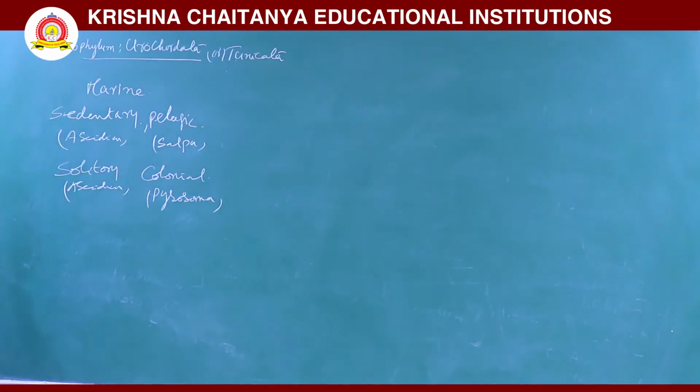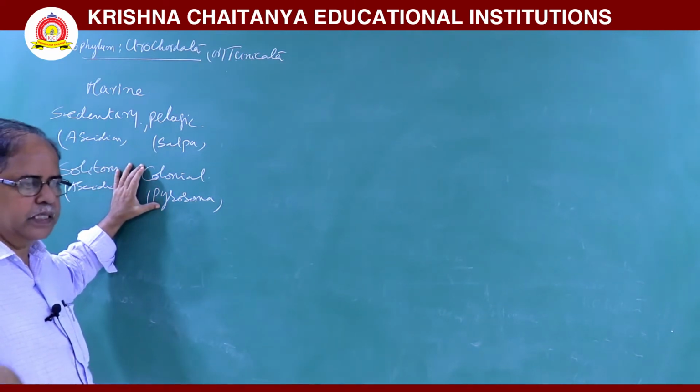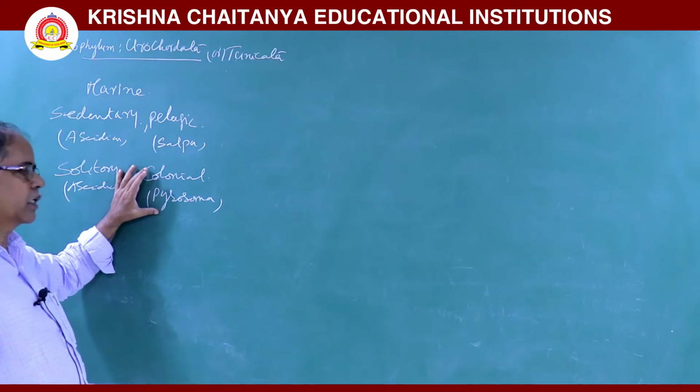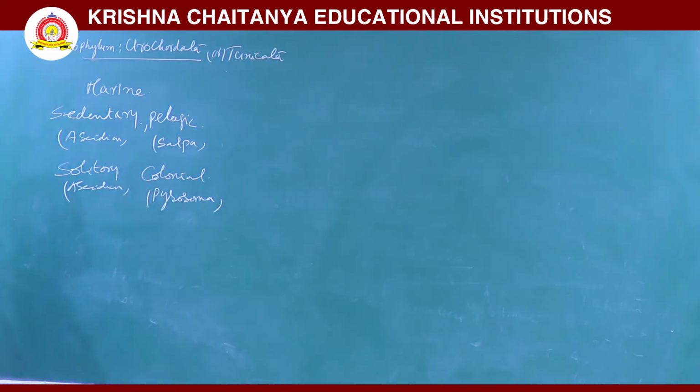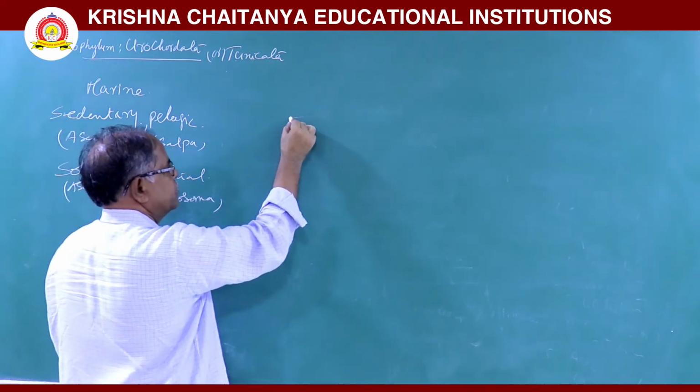Solitary means they live as a single animal, an individual. Colonial means this animal lives as a group. So, for example, pyrosoma. Here, the body of these urochordates.